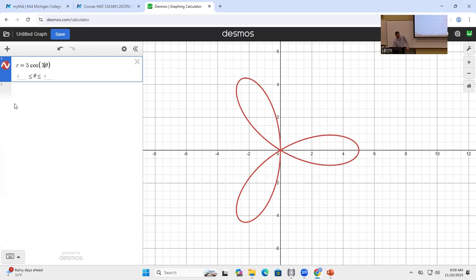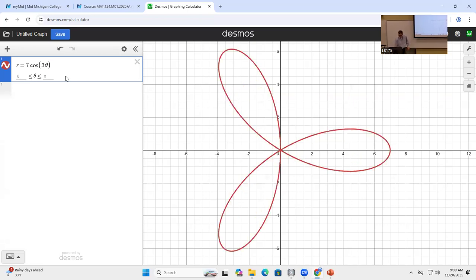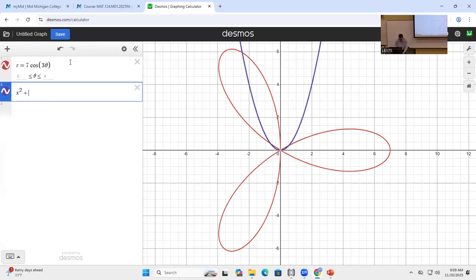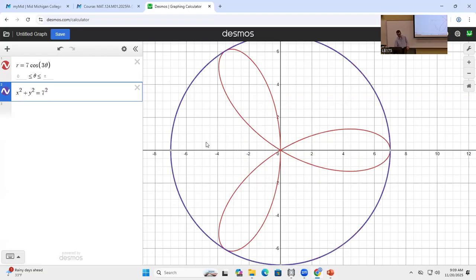That petal. If I would switch the coefficient to, let's say, 7, then that first one would be stretched out 7 units. Another way to think of this is, since we have 7, we'll put 7 as a radius of a circle.